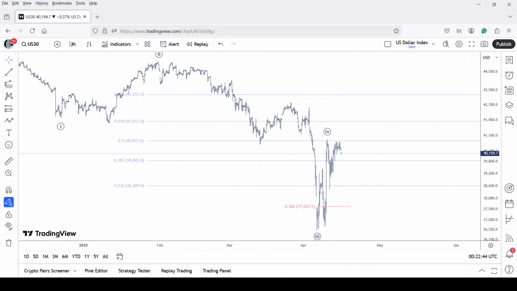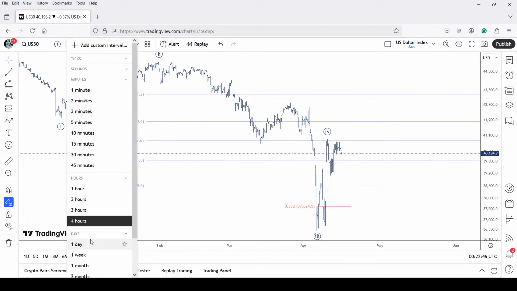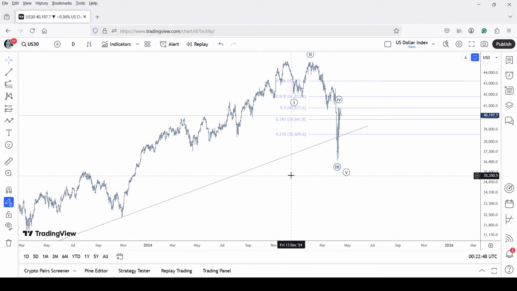The first impulse drop at a higher degree would then complete and give way to a corrective rally in the coming weeks, and it would be a nice setup for bears to then pick it up as the third wave resumes lower again.